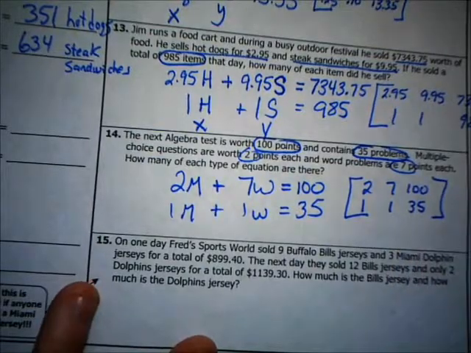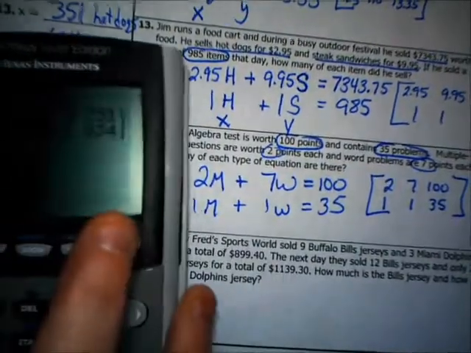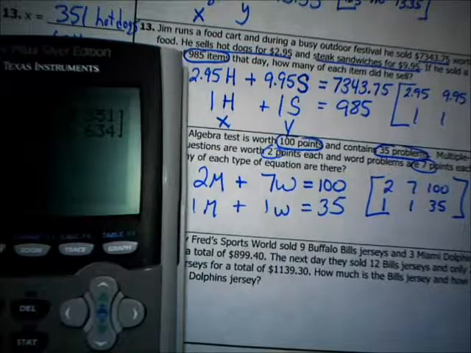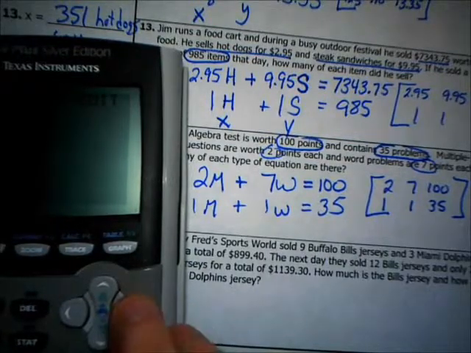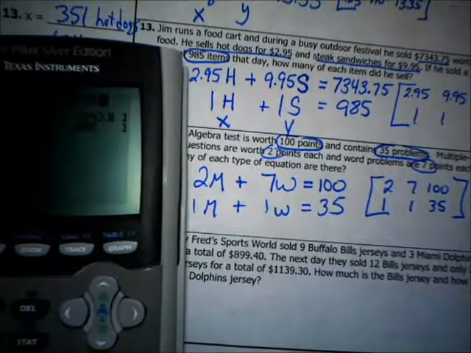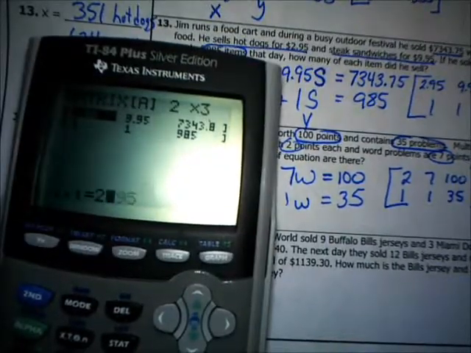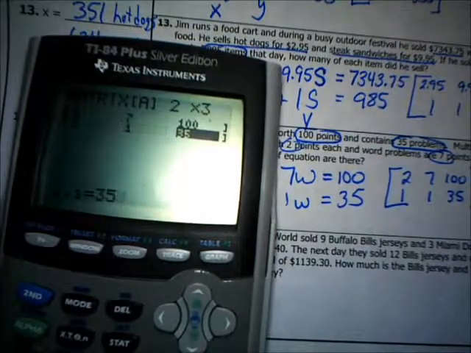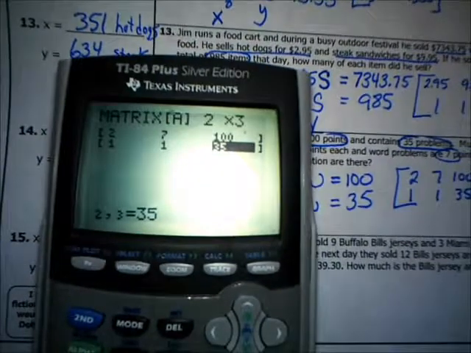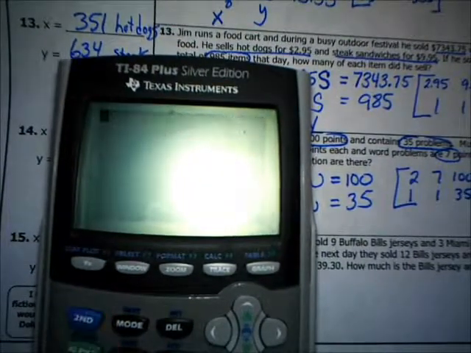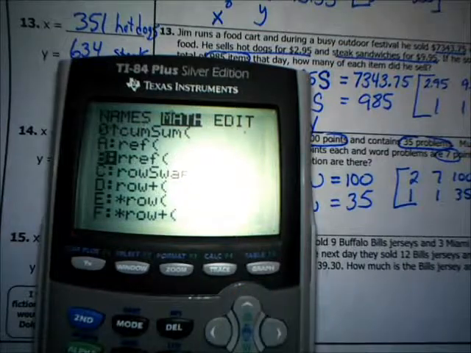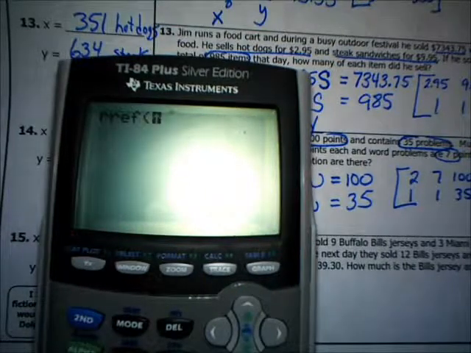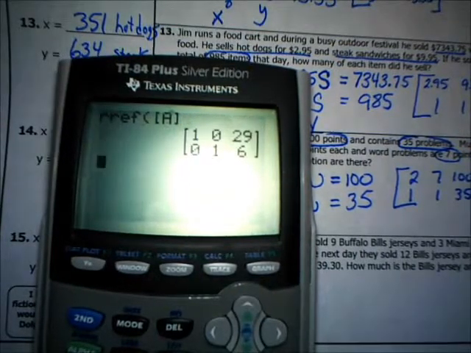So let's plug it in. Alright, so here we go. 2, 7, and 100. 1, 1, and 35. I have my new matrix in. I'll clear that, go to the B option and enter the first one.